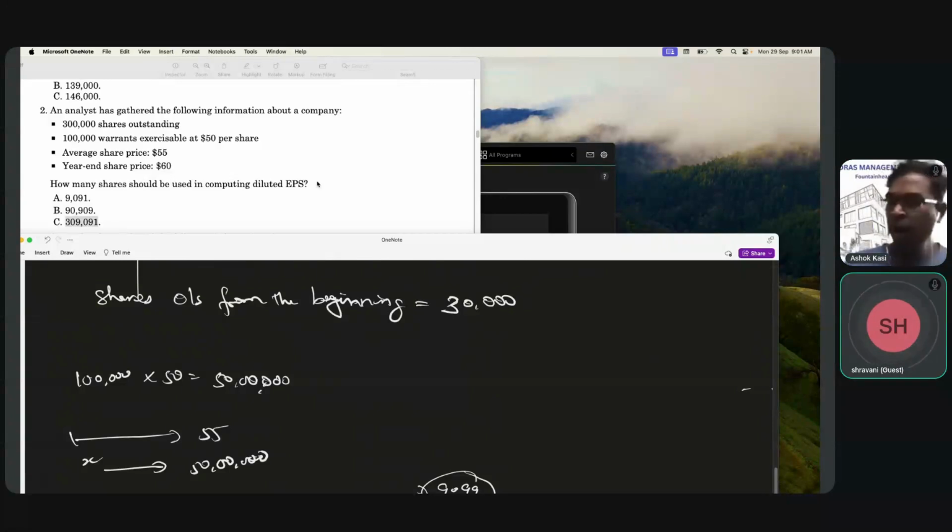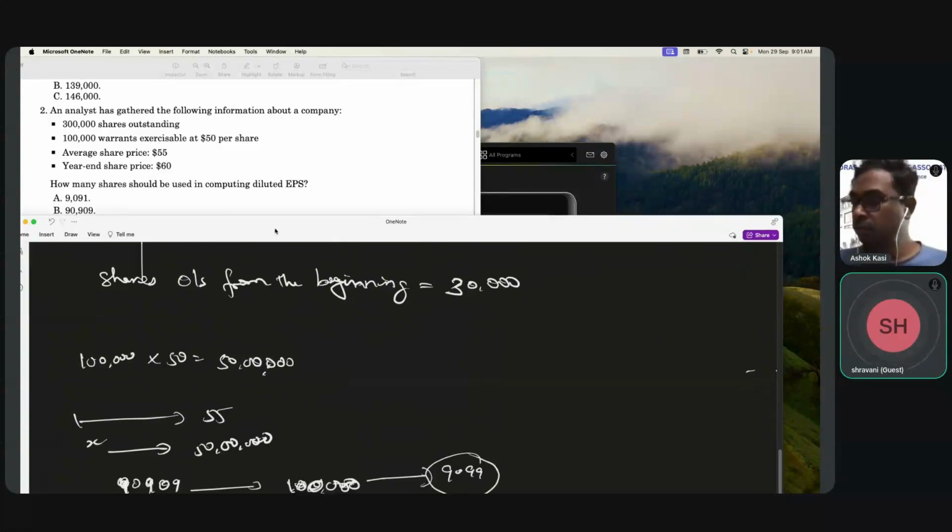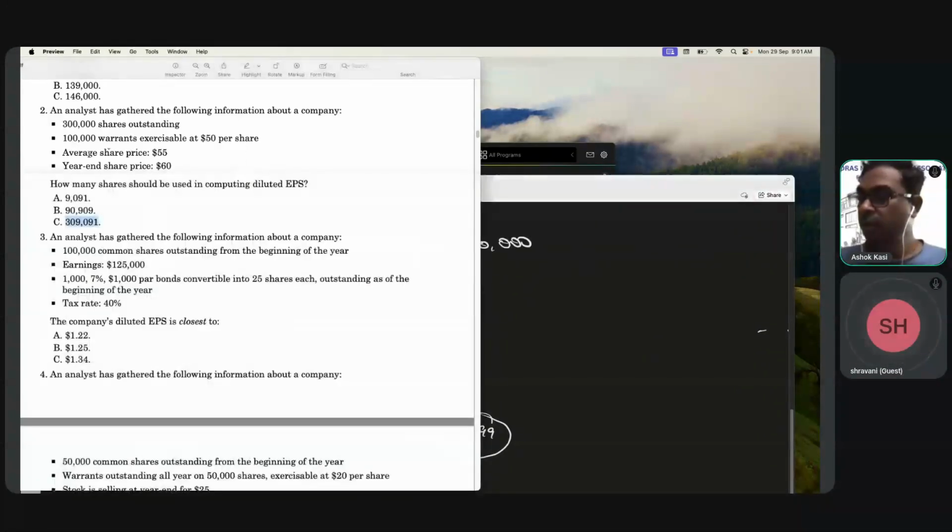So why do we ignore the year-end share price? Because when you are buying back, the average price will tell you a more accurate value than year end. Year end is just one day's price. It might be overvalued, it might be undervalued. So you have to use either 55 or 60. Which one will you use?